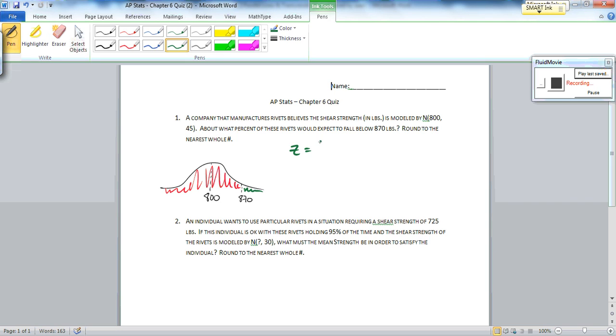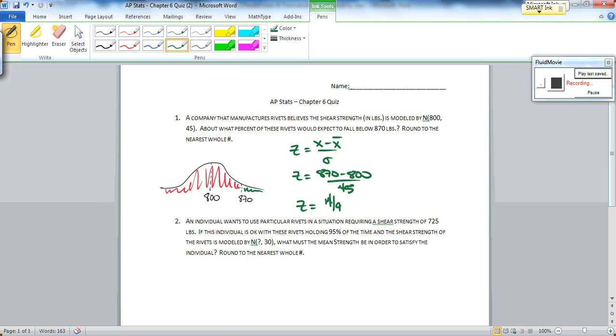z equals x minus x bar over the standard deviation. So z equals, in this case, x is 870 minus the mean, which is 800, divided by 45, gives us a z-score of 14 over 9, 1 5/9, 1.5 repeating.